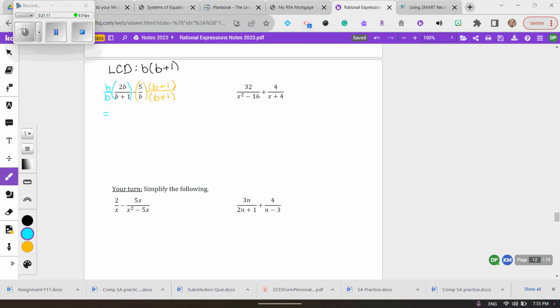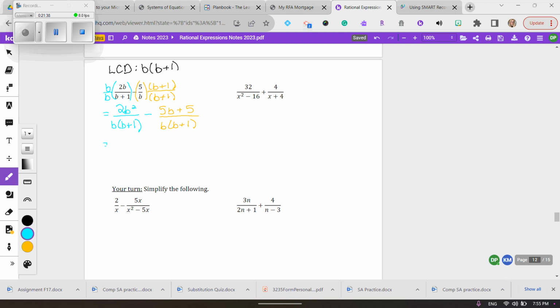So I have here b times 2b is 2b squared over top of b times b plus 1. And here we have 5b plus 5 all over top of b times b plus 1. So my common denominator is there.